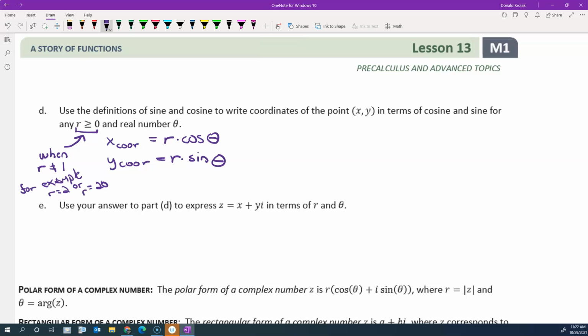Okay, and then it says use the answer above to rewrite z equals x, that's the x coordinate, plus the y coordinate times i. So take this out, and I put in r cos theta, and then I take this guy out and I put r sine theta.